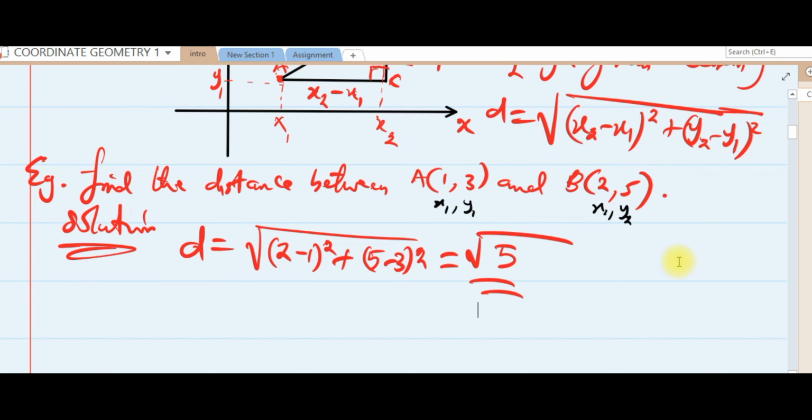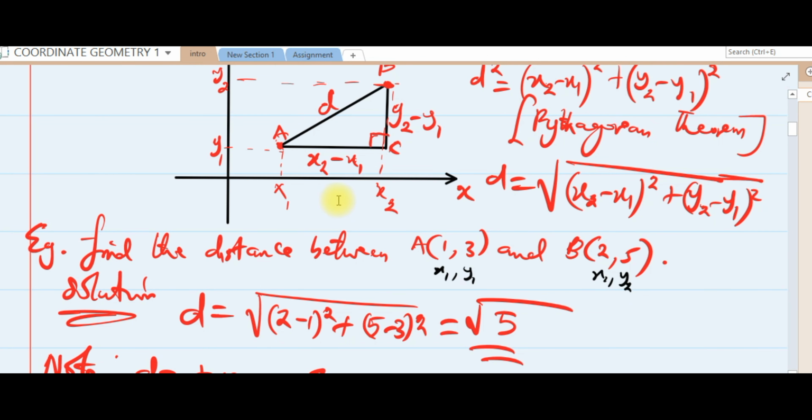So again, you notice that the distance between 2 points will not be negative because distance is always positive. Therefore note, D is always positive or 0. So whenever you are asked to find the distance, it's either positive or 0. Otherwise, the answer is wrong.